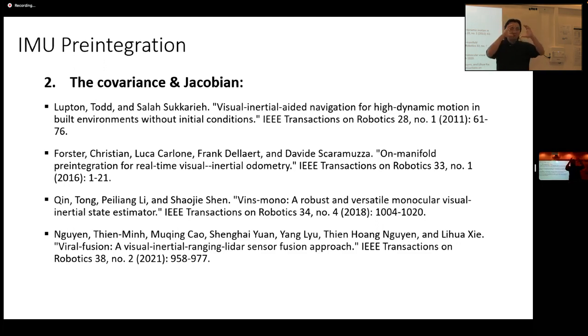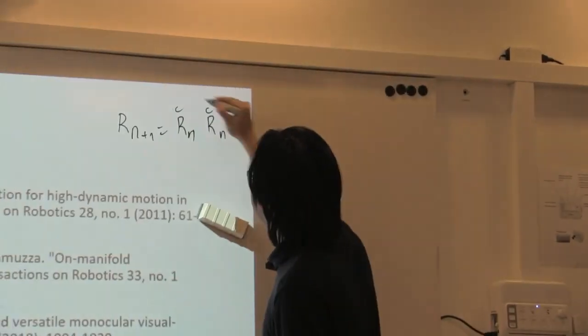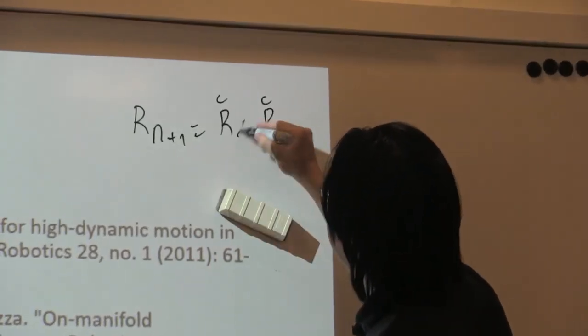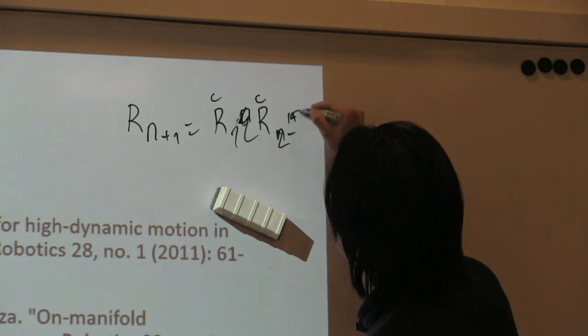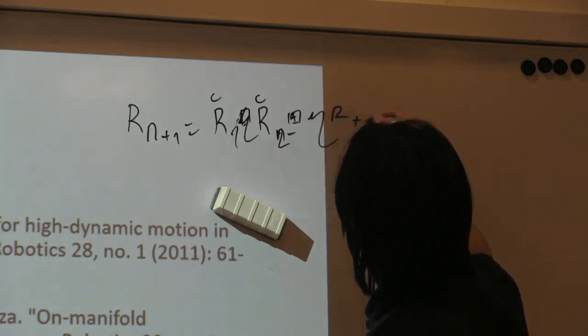Every time you do R n plus 1 equals R n times the exponential of omega delta t with noise, you get a chain: 1, 2, with the noise here, then here, then here.